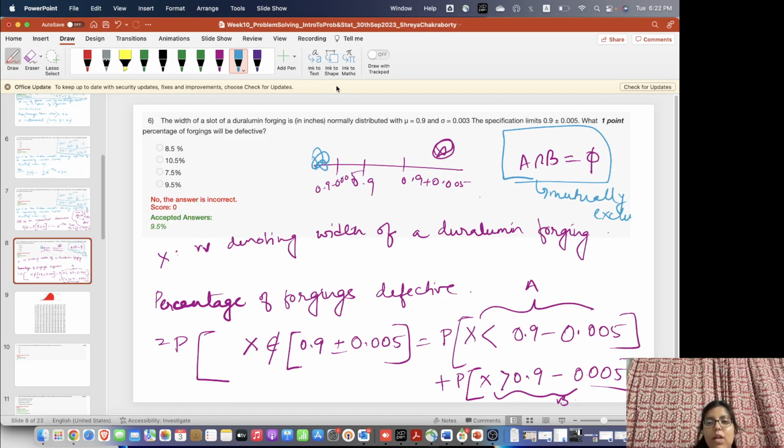That is why, when we had probability A union B, that it is either less than this or greater than this, we could write this as probability A plus probability B minus probability of A intersection B. Since this intersection is phi, we could write it as probability A plus probability B. Since these are mutually exclusive, we don't have the intersection term, because the probability of phi is 0.